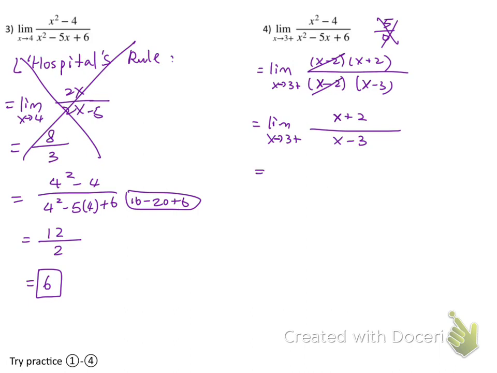So x approaches 3 from the positive side. That means on the numerator, I'm having 3 plus 2, but on the denominator, I'm having a 0, but positive. So I'm having 5 divided by a really small positive number. It will end up with a very large positive number. So infinity.